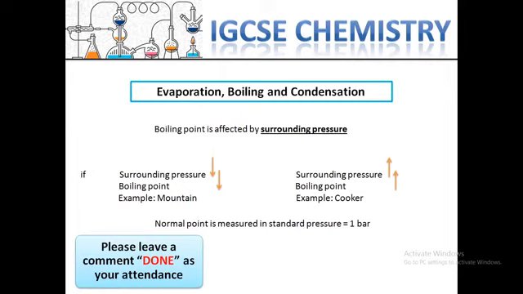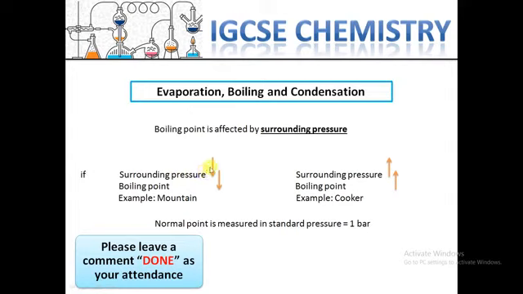So boiling point is affected by surrounding pressure. It depends on the pressure. If you have more pressure, the boiling point would be higher. For example, if we are going to boil water on a mountain, there is lower pressure in the atmosphere surrounding us.